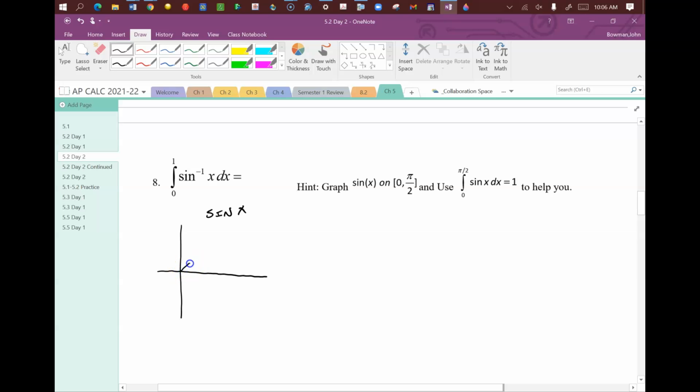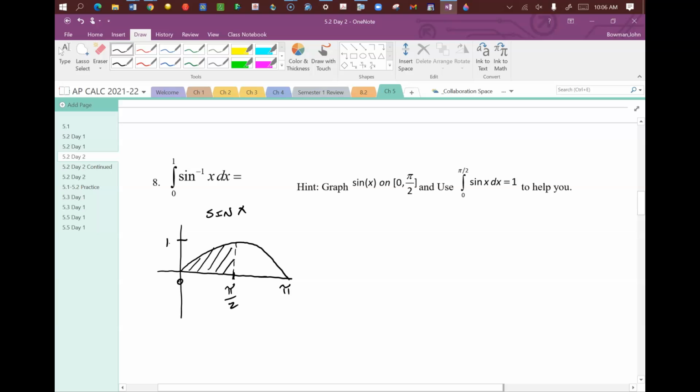And the sine function, as we just got done talking about, here it goes from 0 to pi. That's going to be more than enough for us. And this point right here is pi over 2. And we know that this shaded area from 0 to pi over 2 is going to be 1.